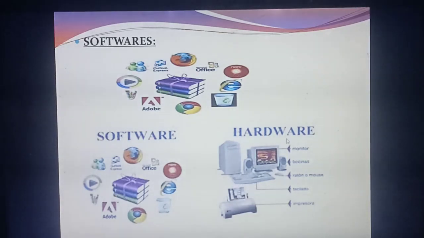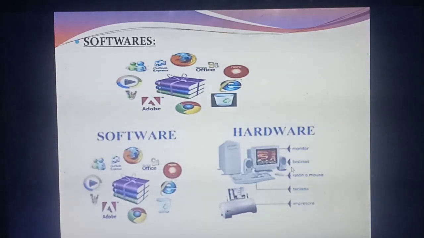Here, what are the hardware devices you might have seen? Monitor is there, CPU is there, keyboard is there, speaker is there, then printer is there. So if you need all this hardware to work properly, which one should you use? You need to install all the softwares. Okay. So we can say computer is a combination of hardware and software.